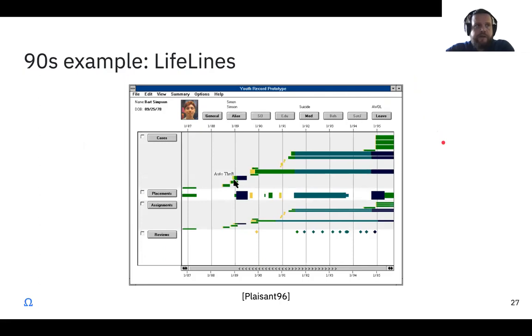It was used by social services in the US to map problematic parts of people's lives so that they can direct help towards them more efficiently, so they can understand their demographics a bit better. There are multiple examples from the 90s that I could have used, but this is a famous one which has collected a lot of citations, so it's one of the cornerstone papers.